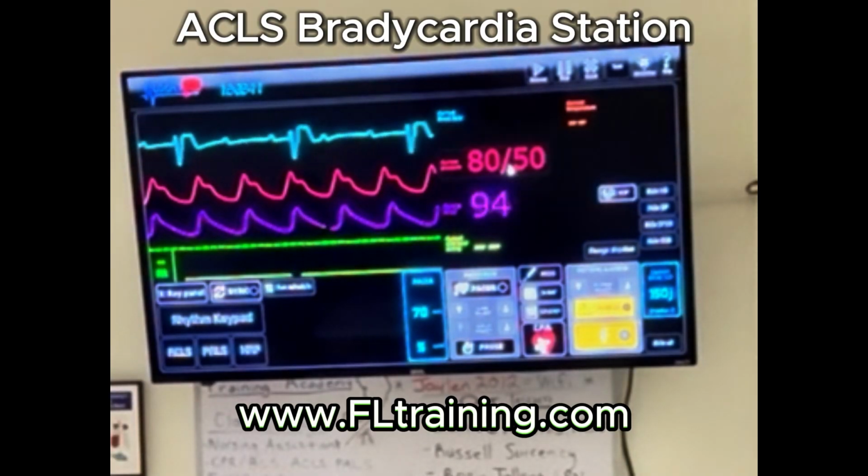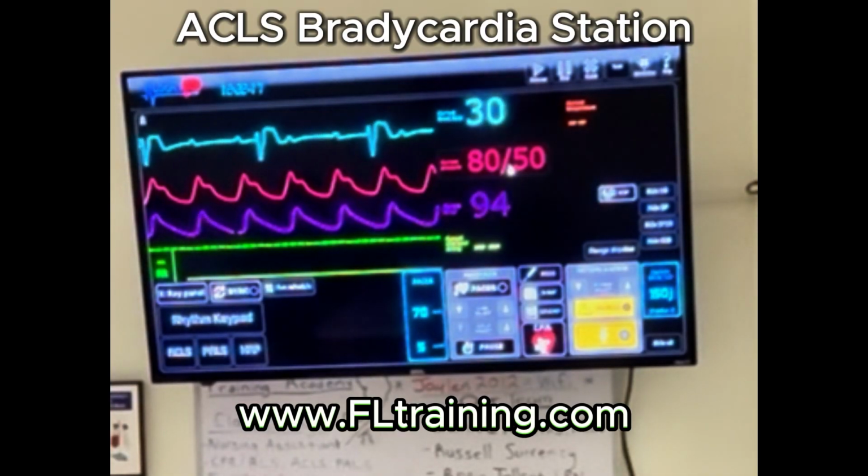Oh, fluids, okay. What fluid? Normal saline or Ringer's lactate. Okay, so we have normal saline. How much normal saline would you like infused? 1 liter. Monitoring for fluid overload.